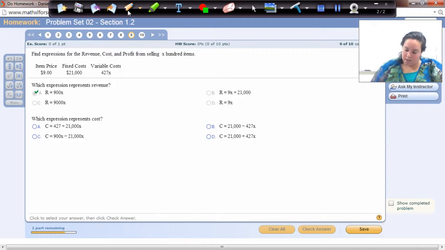All right, what about the expression for cost? If you see, we have some fixed cost here and some variable cost. Variable costs are the costs that we have to pay per hairbrush. Obviously it's going to cost more depending on how many we produce. Whereas fixed costs are things that aren't necessarily going to change based on how many we produce.